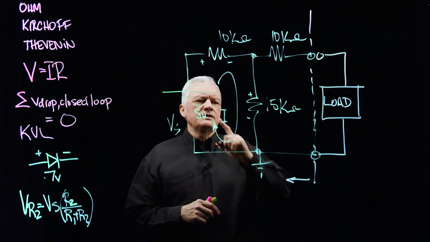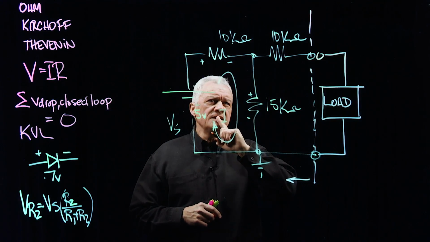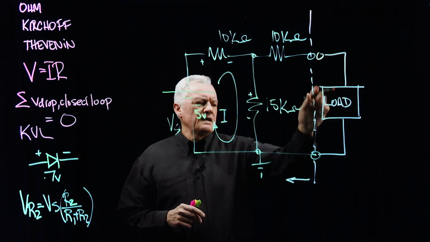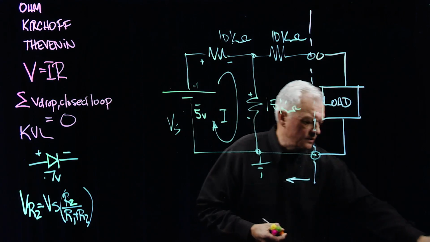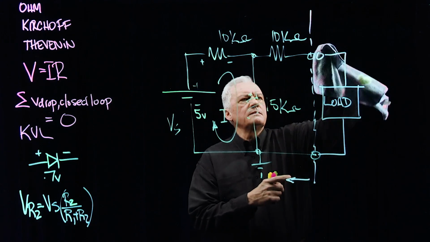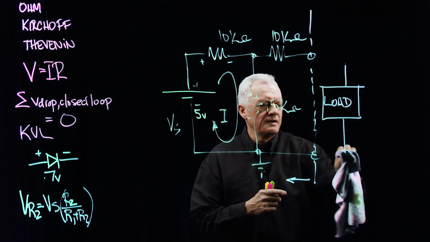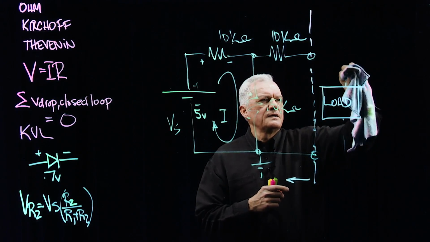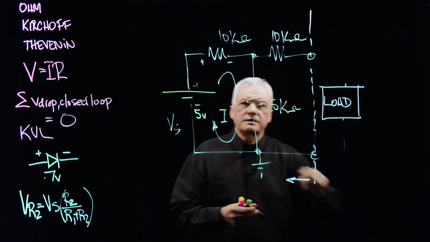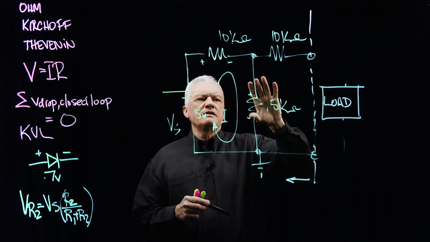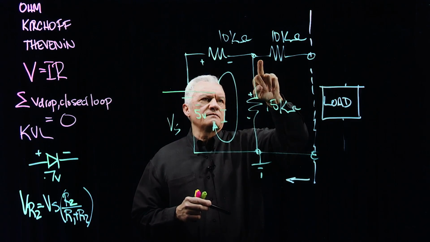So if we look at this circuit here, the interesting part is the current is only flowing in this loop here, and I'm going to just disconnect the load so we're not confused. I'm just going to disconnect this load, okay? So it's external. So the current is only flowing in this loop here, which means that we have a voltage at this point here.